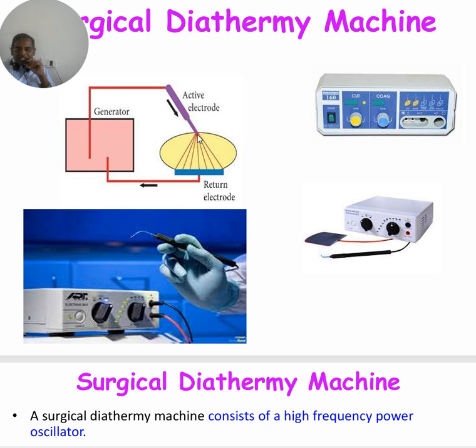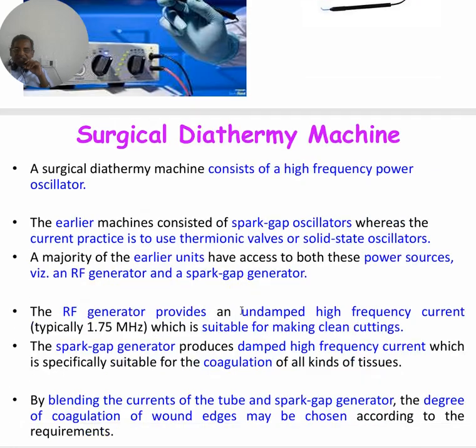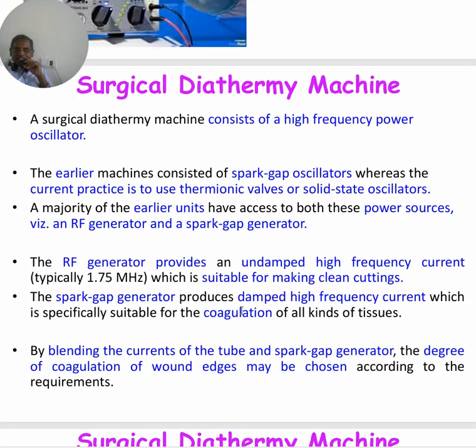This is called cutting. Similarly we can use coagulation, fulguration, desiccation, like that different kinds of surgical diathermy operations. This is also one kind of surgical diathermy machine. This is the needle electrode.